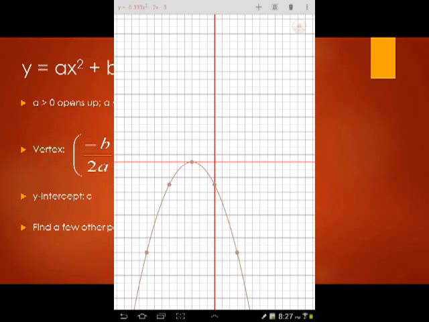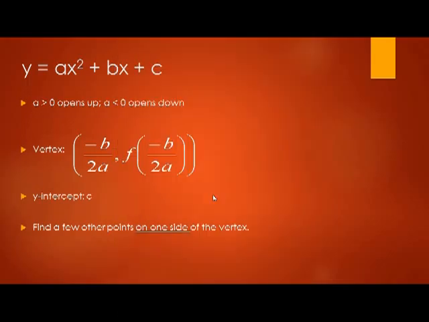You would find the vertex to find the maximum or minimum, depending on which type of quadratic equation you had, plugging that in to get the y value. And the vertex is where that maximum or minimum happens.